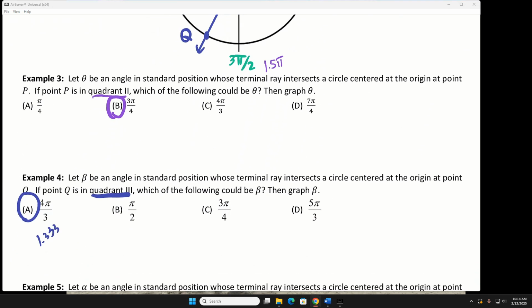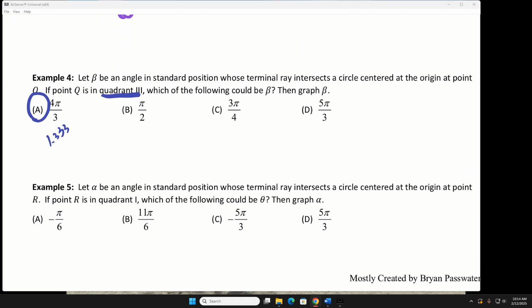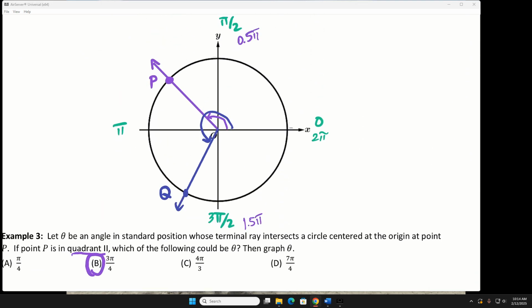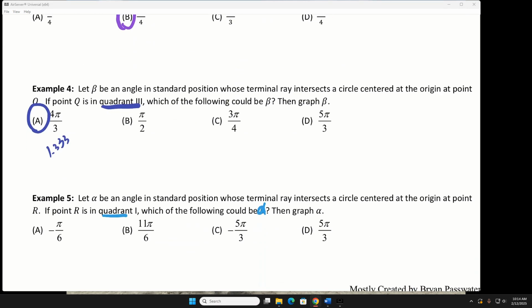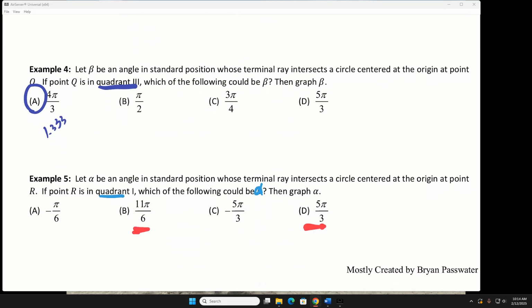All right, and then for 5, we're looking for which one of these angles is in quadrant 1. I do have a little typo here. That should be alpha, not theta, but it's fine. Okay, quadrant 1, in terms of positive angles, is going to be between 0 and half pi. So I have 2 positive angles here.